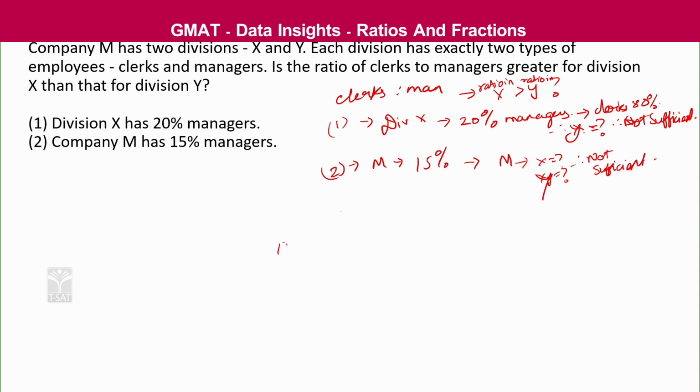When you combine statement 1 and statement 2, we have division X with 20% managers, but overall company M has 15% managers.